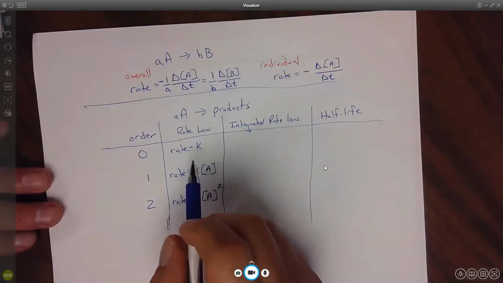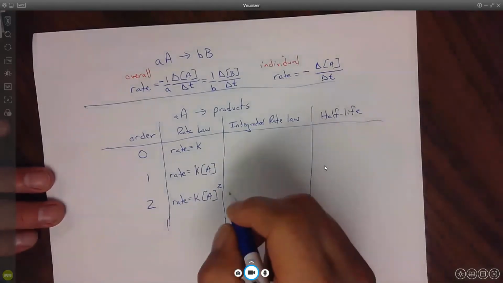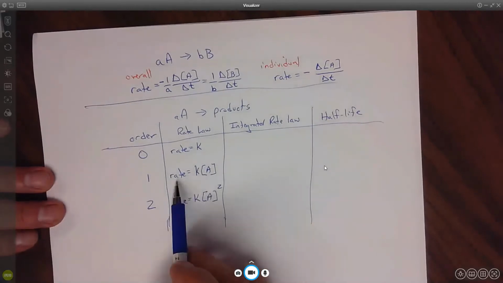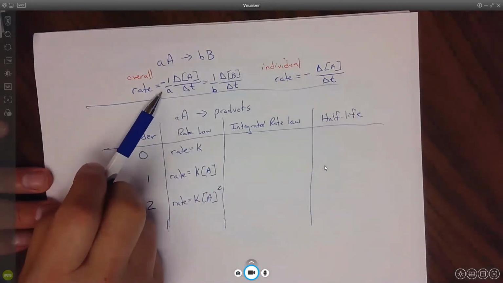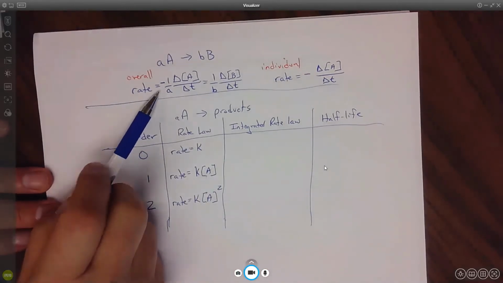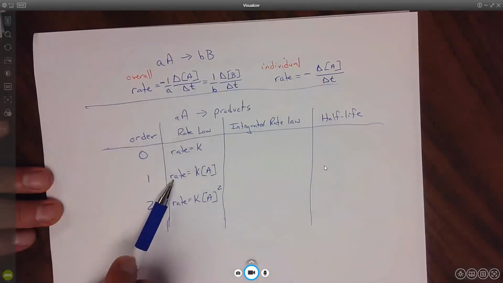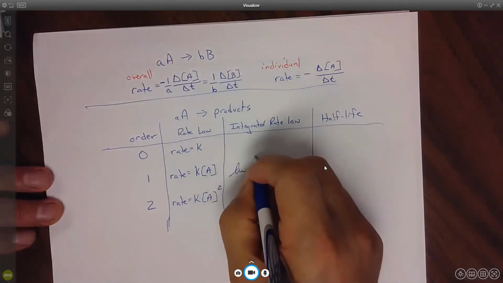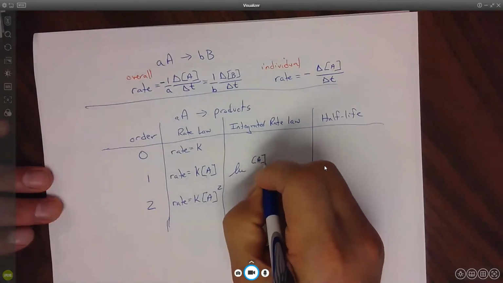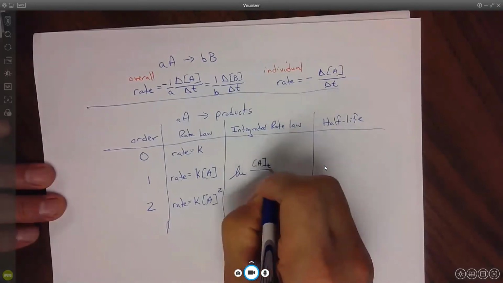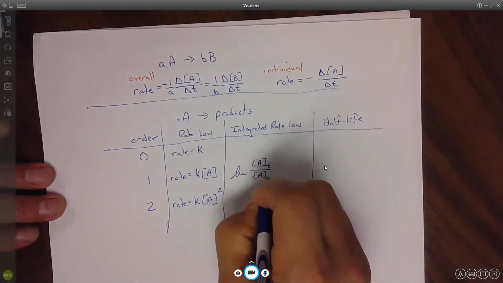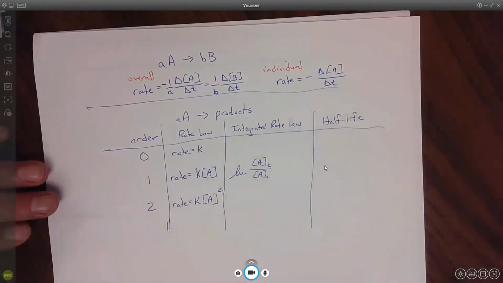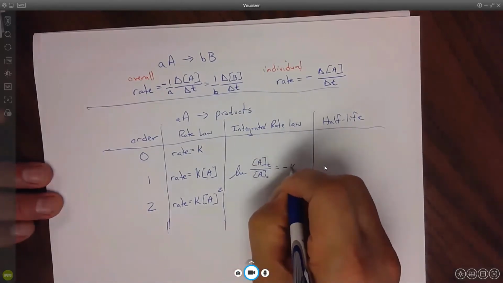Then our integrated rate law. So I showed how we integrated this rate law using the change, right? We said that this rate is actually equal to this rate. And then we integrated for an infinitesimally small change in time, which gave us the integrated rate law, which was just the ln of the concentration of our reactant at some time t divided by the concentration that it initially was at time 0. And that was equal to negative kt.